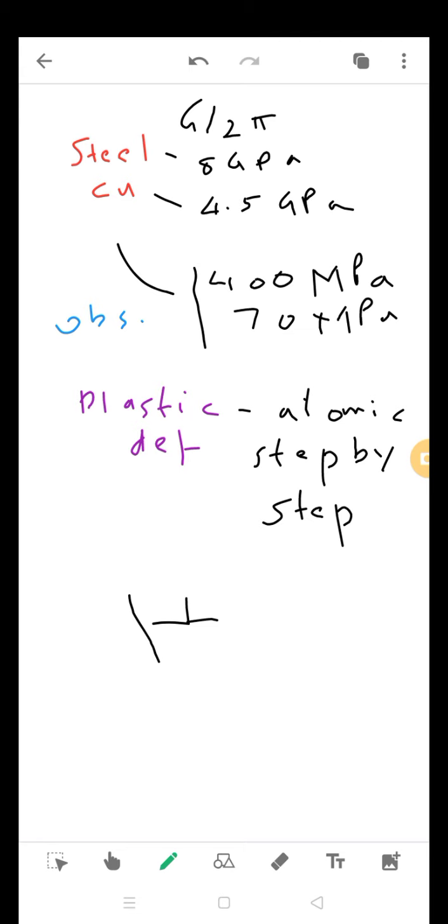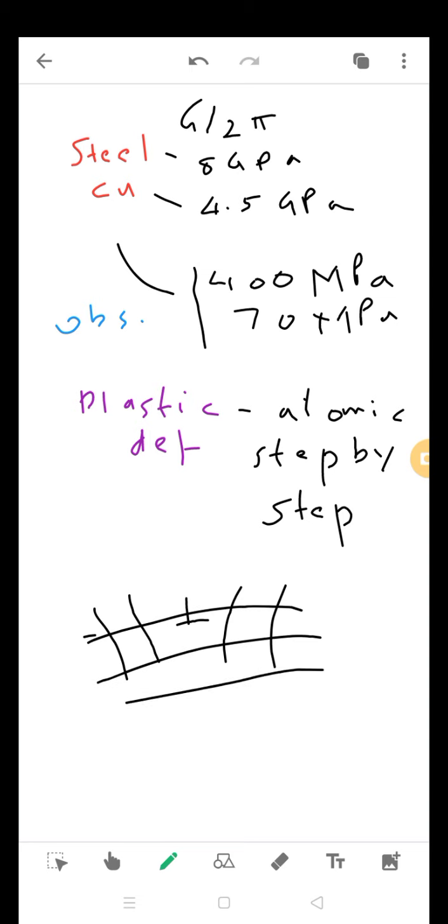So if we apply the stress, it actually forms like this.